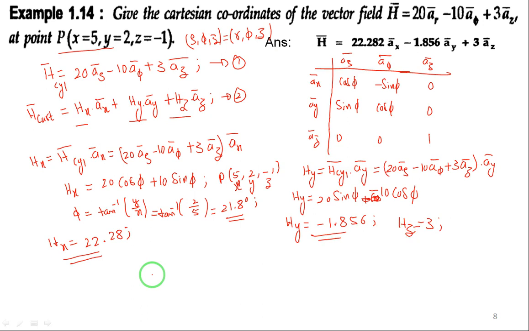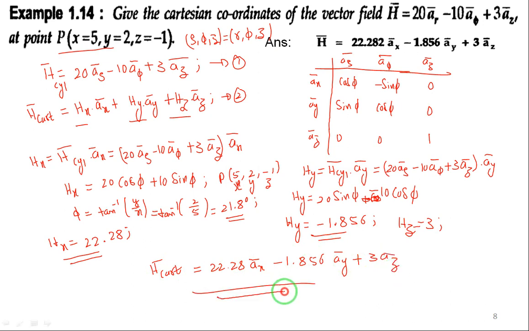So substituting the values of hx, hy, hz in equation 2, H Cartesian is equal to 22.28 ax minus 1.856 ay plus 3 az. So we have found the Cartesian. This is the answer. Just verify your answer with this.